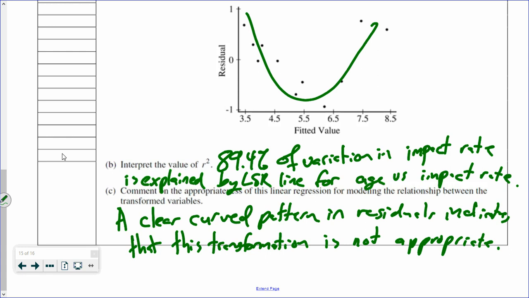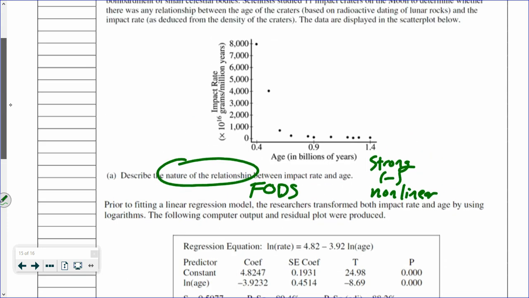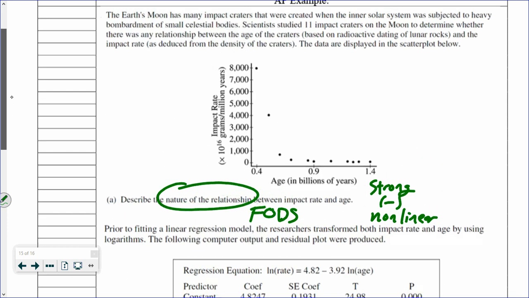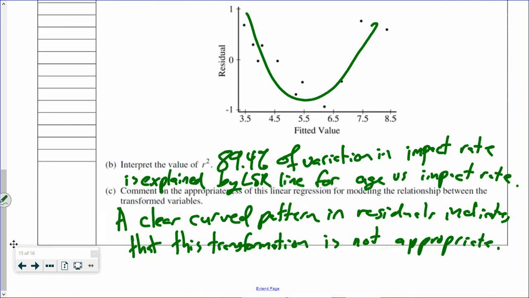And just looking at it, I look at the raw data. That looks like exponential decay to me. It doesn't look like a power relationship. It looks like exponential decay. I might mention something to that effect.